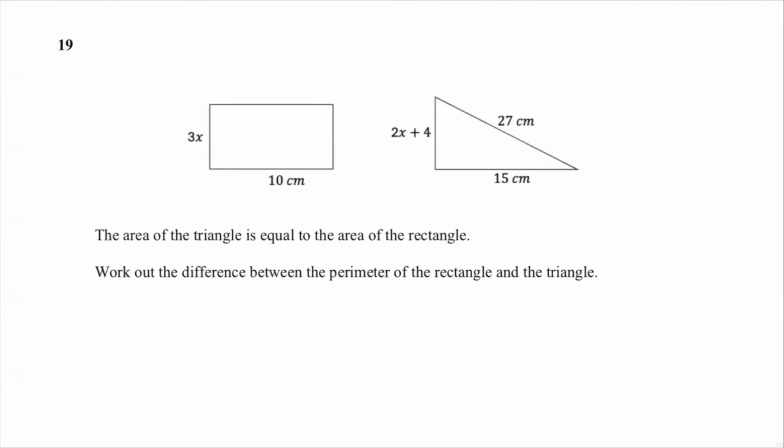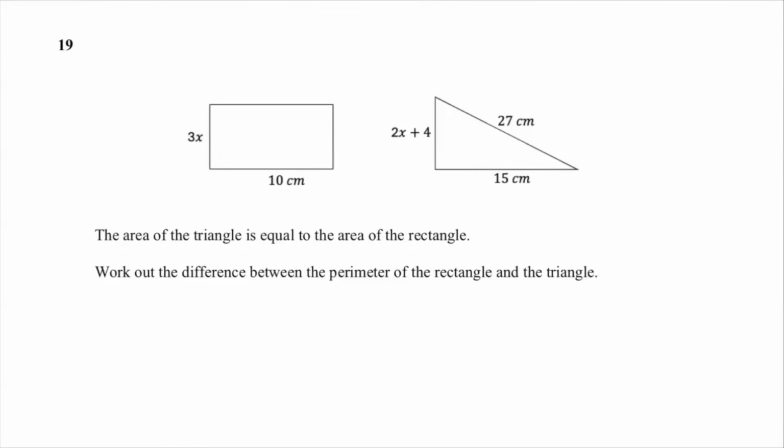Okay, we've got a pretty big question going on here. The area of the triangle is equal to the area of the rectangle. Work out the difference between the perimeter of the rectangle and the triangle. So I've got to do a little bit of work using my knowledge on area before I'm able to answer the question.